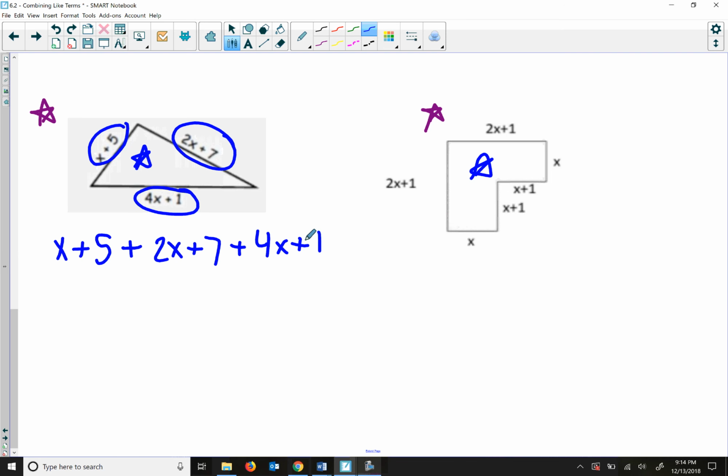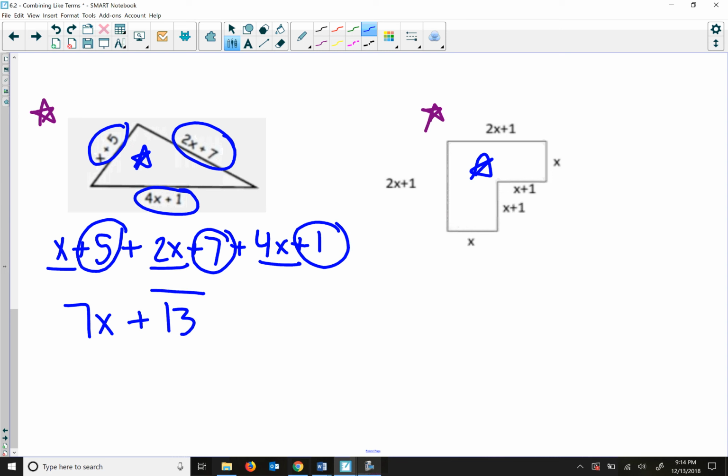And you're again trying to find all those common terms. Let's take all those x's and add those together. It should be 7x. We've got to find all of the plain old numbers with no variables, which I believe turns into 13.